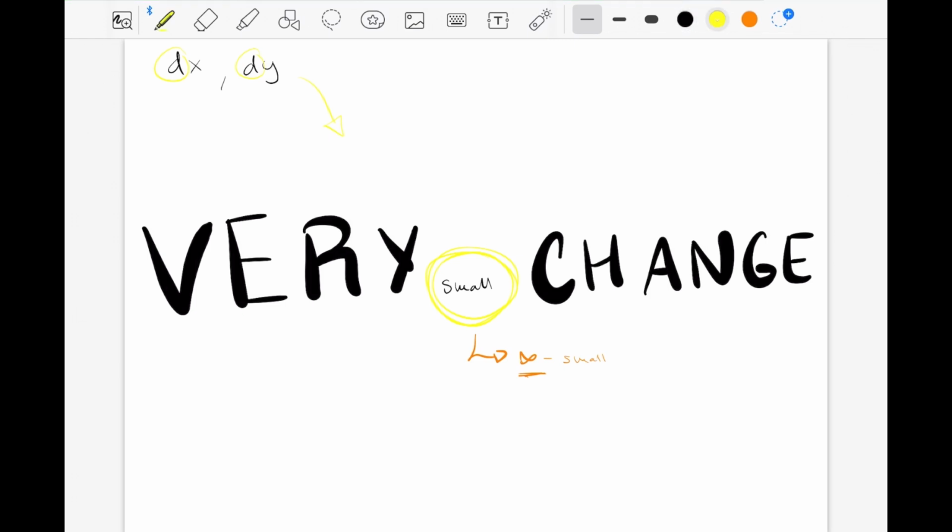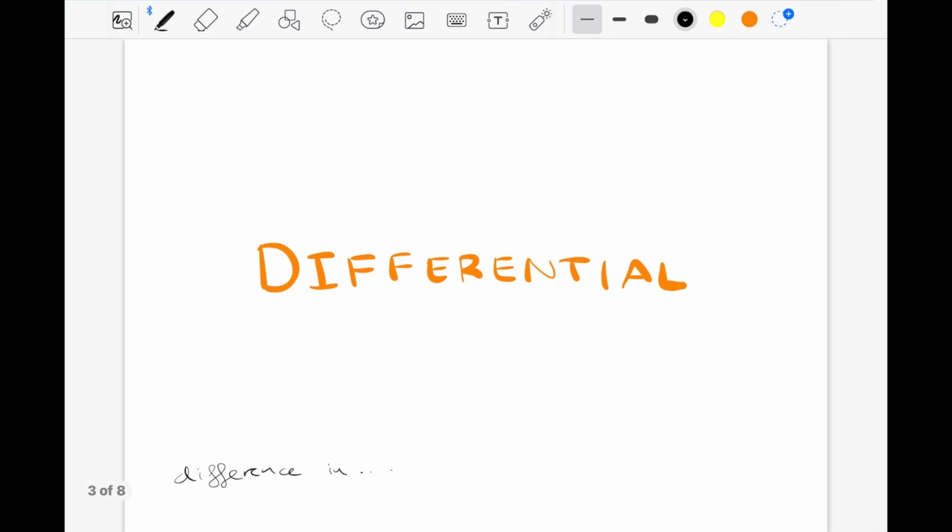You have a line, and you can have a large change, and then you can have the change get smaller, smaller, smaller, and what that dx or dy says is that you have an infinitely small change in x or an infinitely small change in y. So this is a differential, in the sense that it shows the difference between 2 points, for example, the difference between x1 and x2.